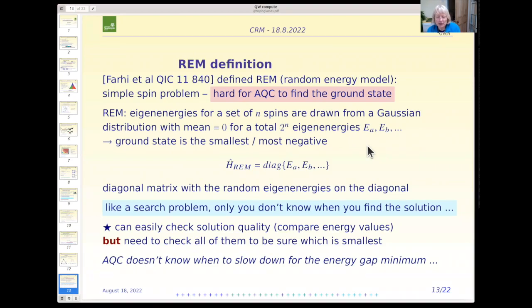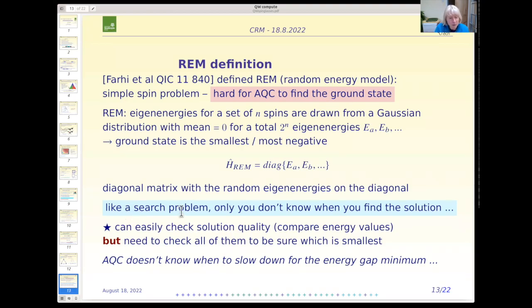And down the diagonal, there will be the eigenenergies in whatever order they came out from the Gaussian distribution. So I've labeled them A, B, C, because we don't know which is E0, which is the lowest energy now. They're not ordered by value. So our Hamiltonian for the random energy model is just the diagonal matrix that has these eigenenergies down it.